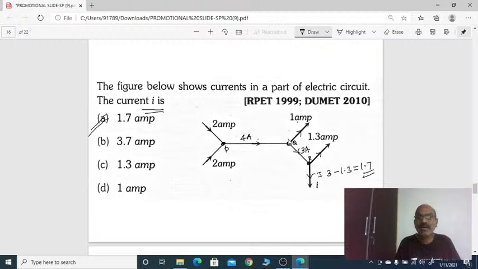So what is the current coming out finally? Very simple. 2 plus 2, 4 comes out; 1 moves away, 4 minus 1, 3; then 3 minus 1.3 remaining comes out. So 1.7 is the right answer.